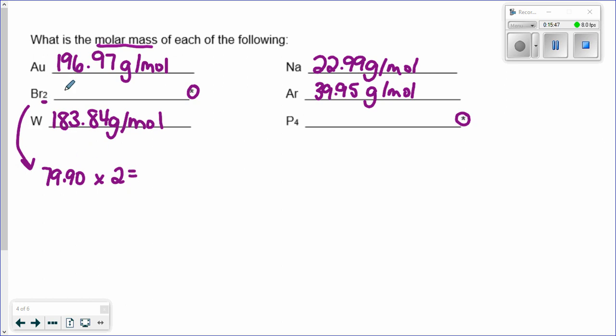So our atomic mass for bromine is actually 159.80 grams per mole. And phosphorus, atomic number 15, has an atomic mass of 30.97, but on its own, it's found polyatomically as P4, so that's 4 phosphoruses together. So times 4 gets us 123.88 grams per mole.